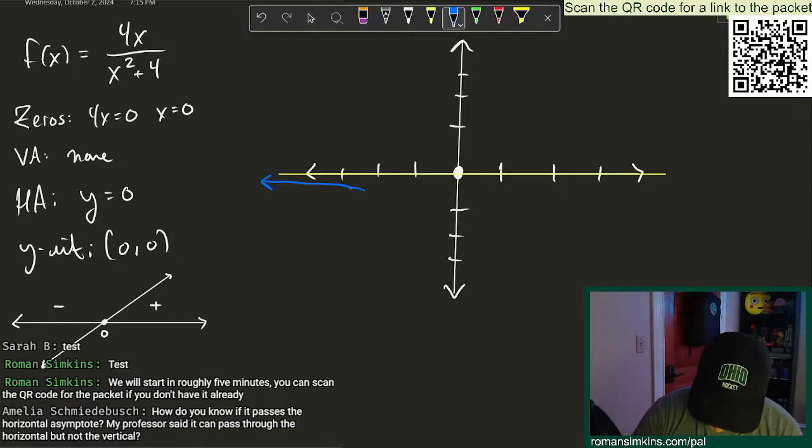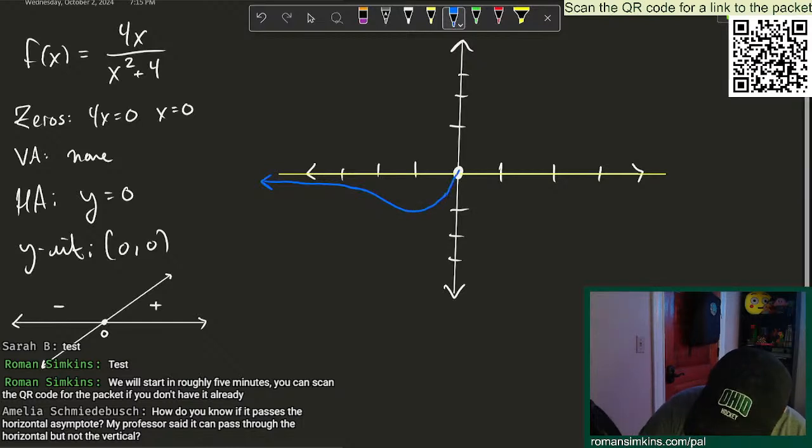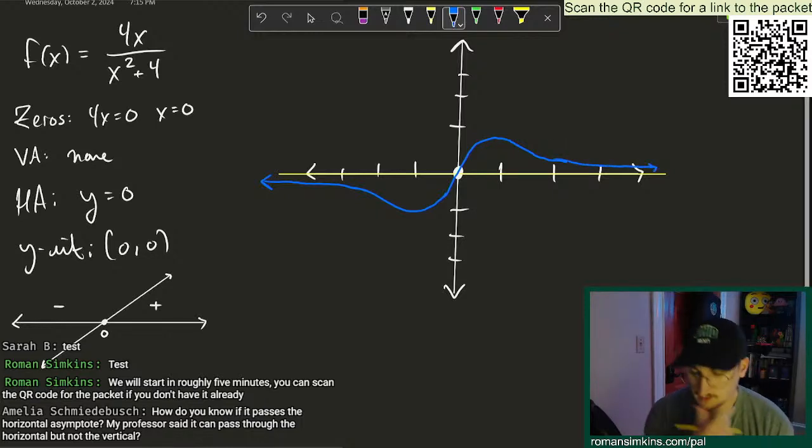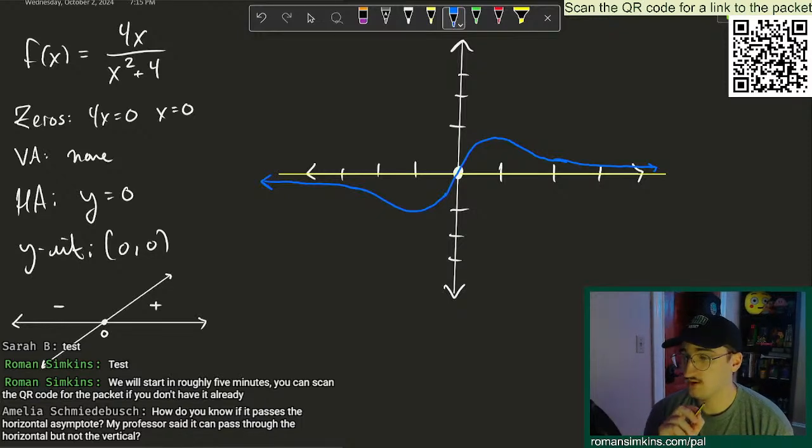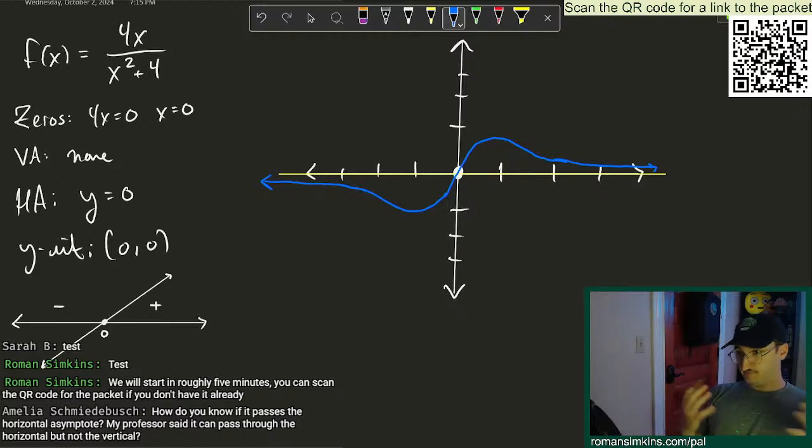So I can start kind of drawing a bit of increasing, and then I can do this sharp decrease and slice through that point, kind of make a bump like this, and then continue traveling out towards infinity. And as you can see, this has maintained the rule of being negative before 0 and being positive after 0.